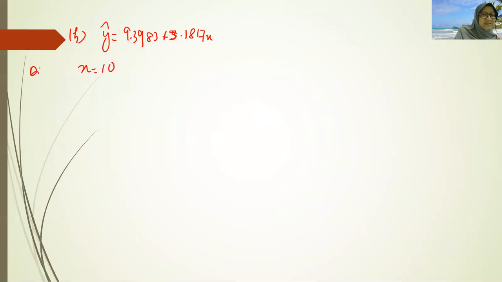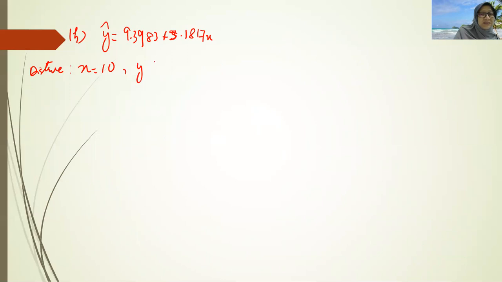In H, it asks you to estimate the cost when the distance is 10 kilometers. So we have this equation, y hat is equal to 9.3983 plus 5.1817x. We need to predict when x equals 10, that means the distance is 10.